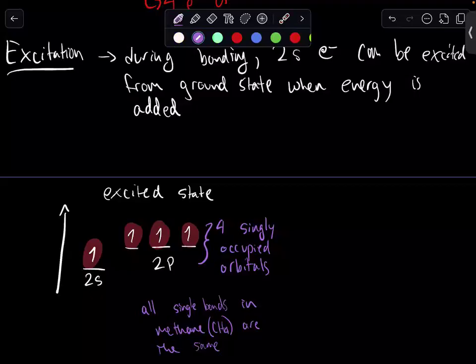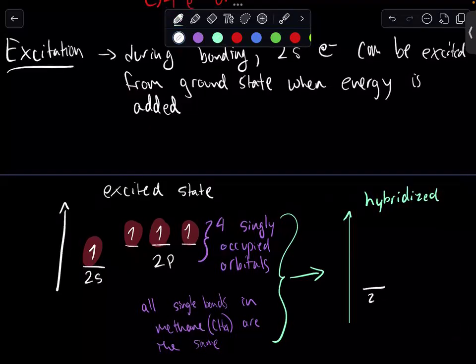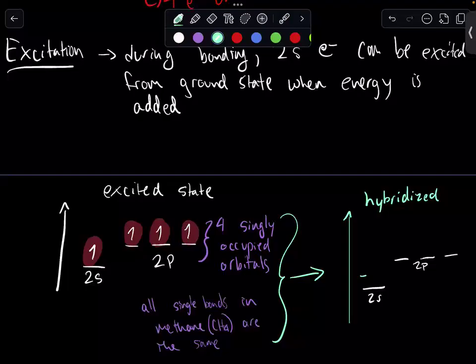So what ends up happening is that we actually have our orbitals hybridized. So we create a hybridized state. With the hybridized state, I'm going to draw our standard 2s and 2p orbitals. But what we actually get is somewhere in between.